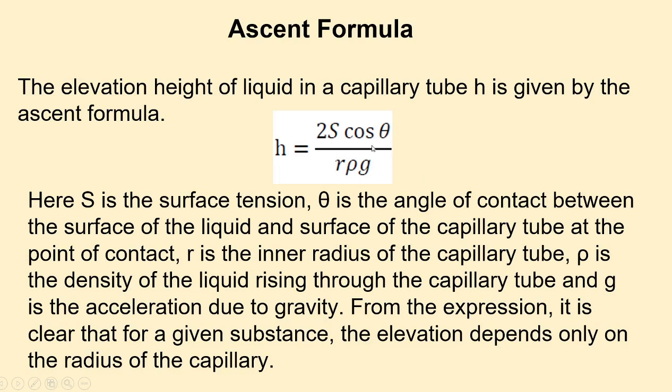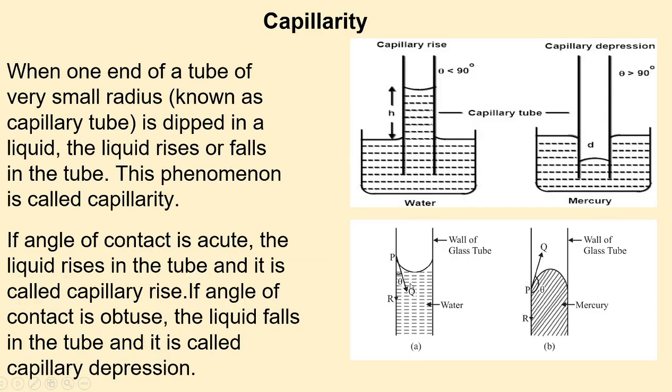Let us see what the terms are. Here S is the surface tension of the liquid, and theta is the angle of contact between the surface of the liquid and the surface of the capillary tube at the point of contact. You can see this is the angle of contact, the angle between the surface of the liquid along the tangent and the surface of the capillary tube.